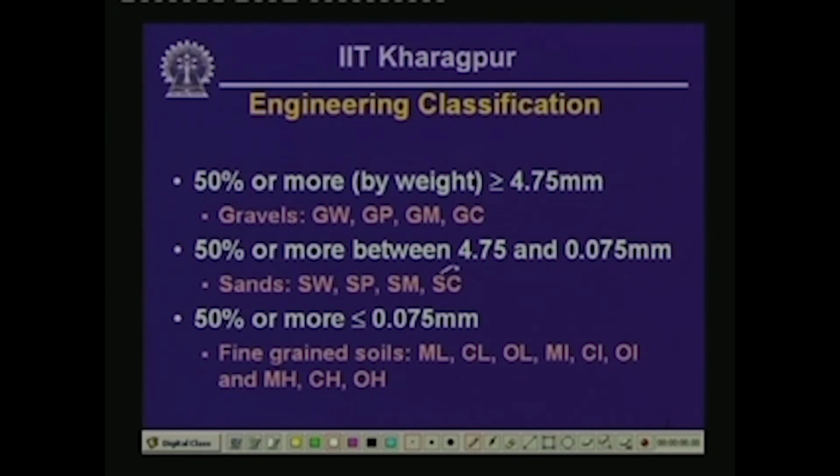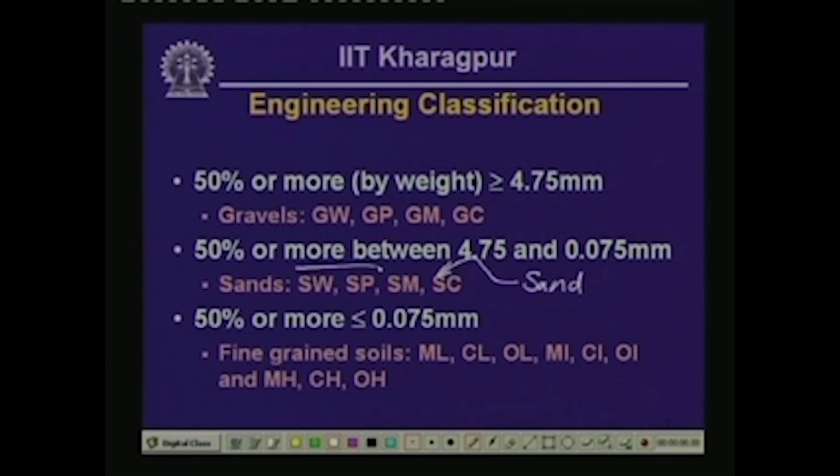So, here the letter S is used to indicate sand, and the significance of letters W, P, M and C is the same as what we had in case of gravels.